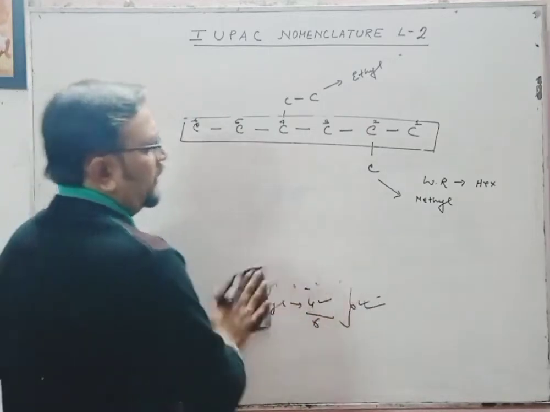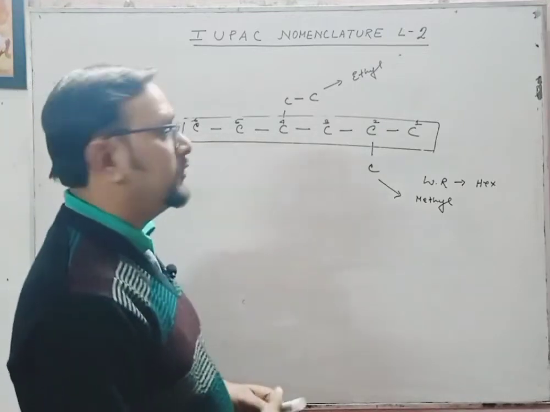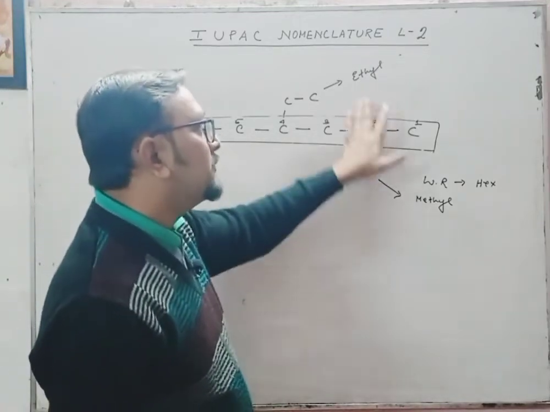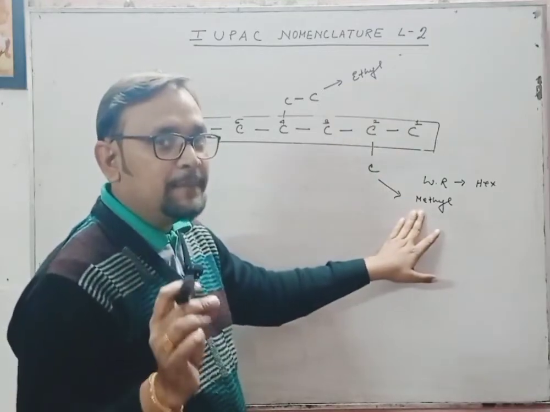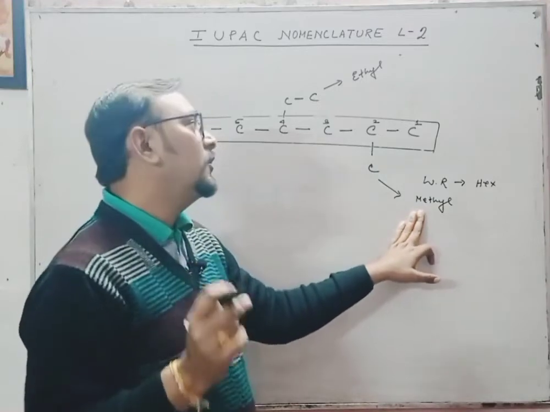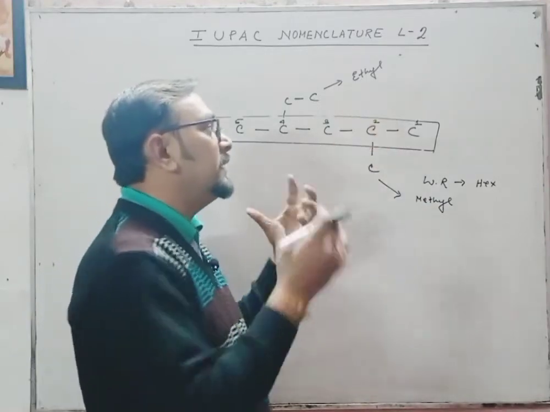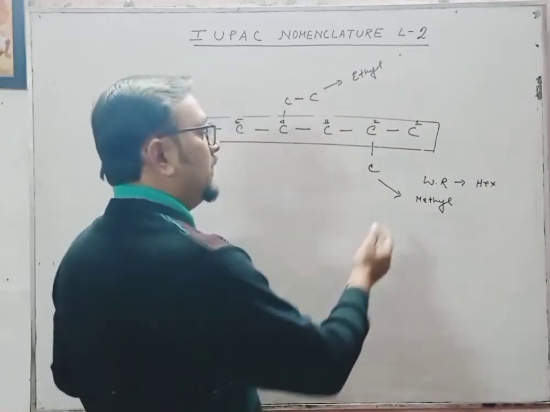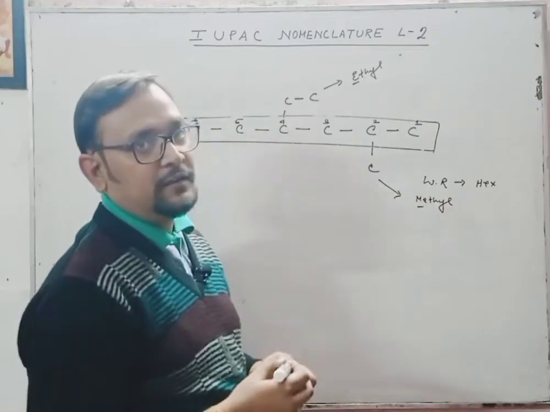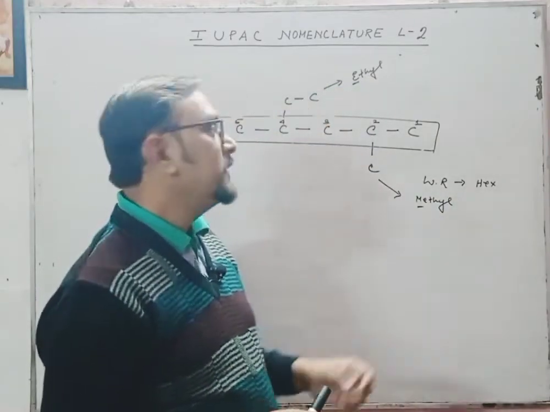So now, what about the naming of this compound? Let us start with the naming. You see the different substituents have different names. So for naming, we shall always follow the alphabetical order. If you see that there are different substituents, always check the first letter of their names.